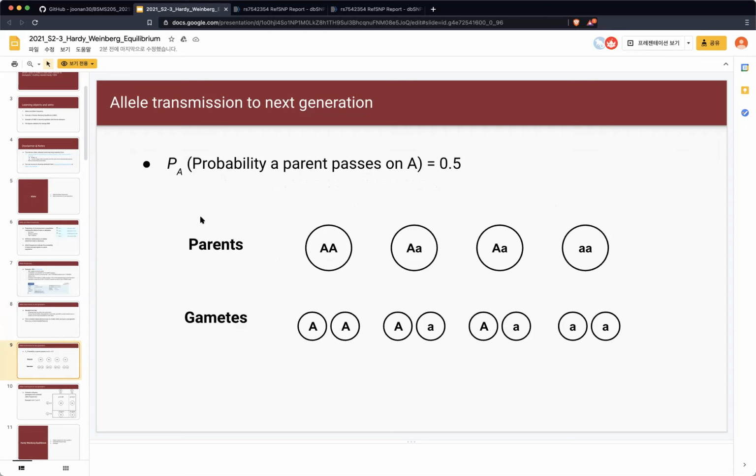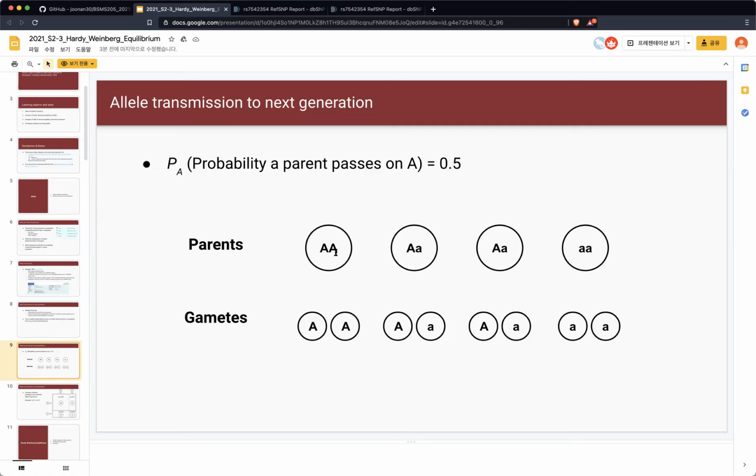So let's put it into a probability formula. The probability a parent passes on an allele is 0.5, because this is a 50% probability. This is quite simple, but quite important, because this 50% probability never changes, since it's fixed in our nature, right?